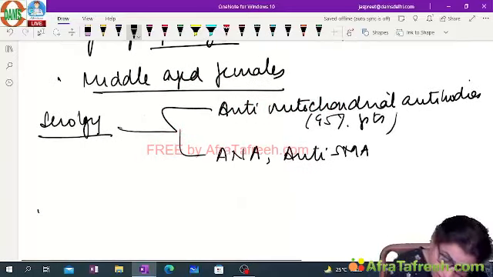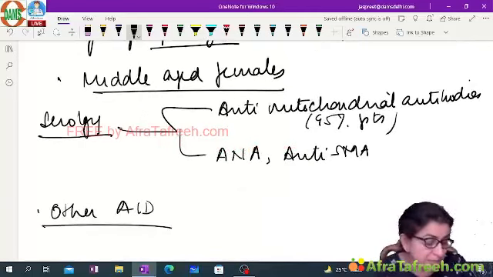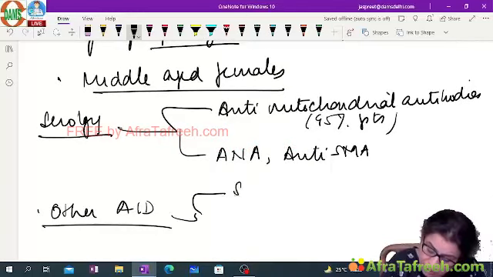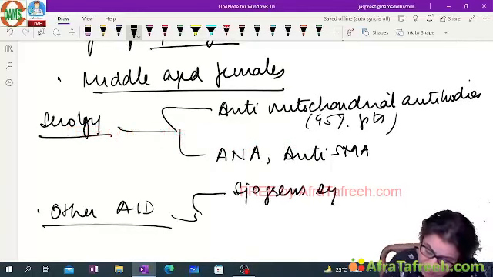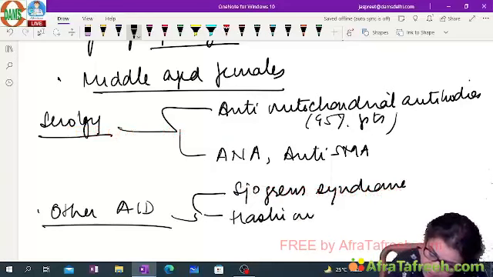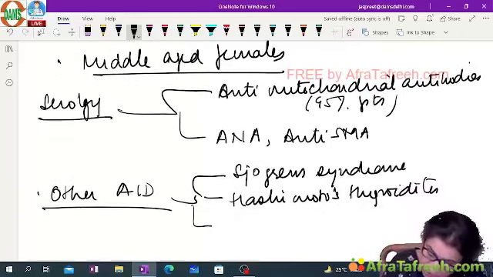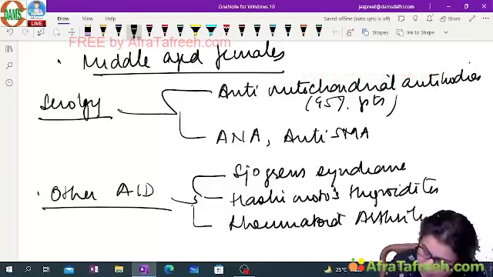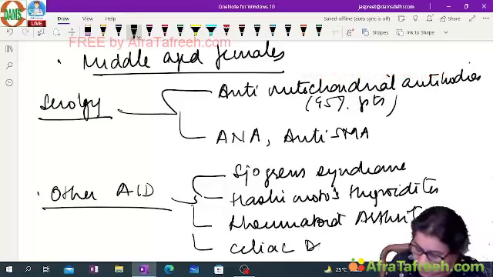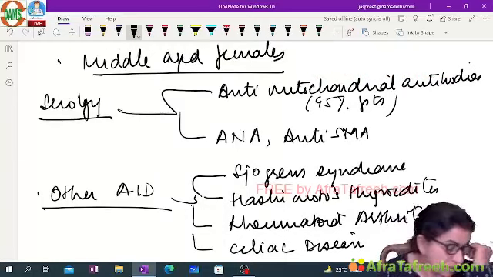These females may also have other autoimmune diseases, AID, like Sjogren's syndrome, Hashimoto's thyroiditis, rheumatoid arthritis, or celiac disease.